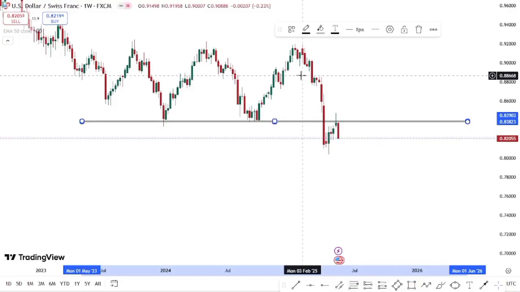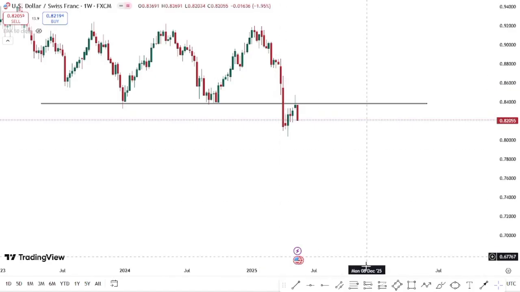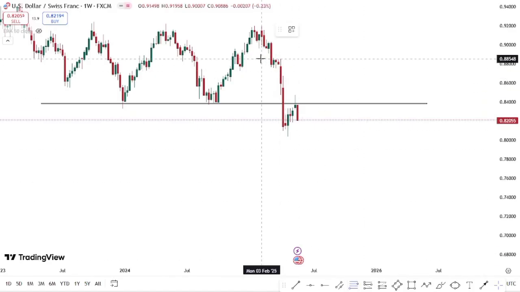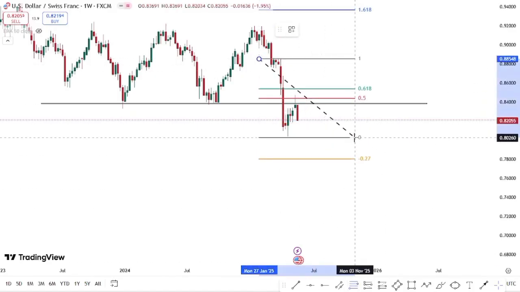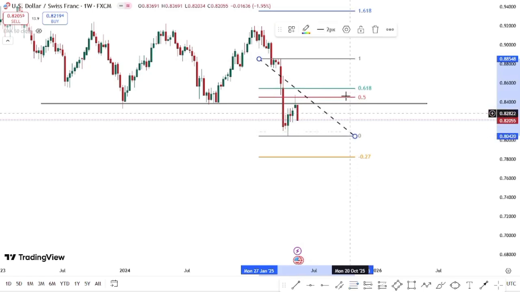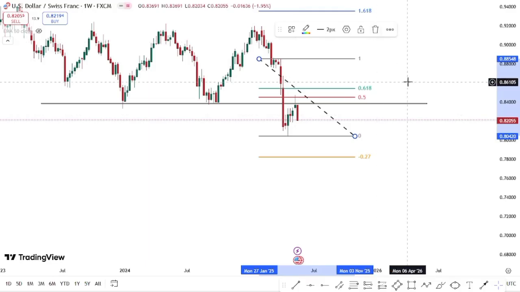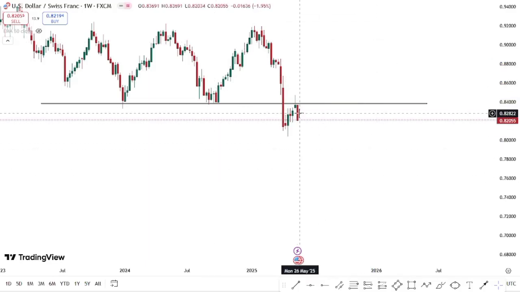Then price came back into this particular zone right here, came back into our 0.5 and made a kiss of this 0.5. Then we started seeing that the next candle was bearish.